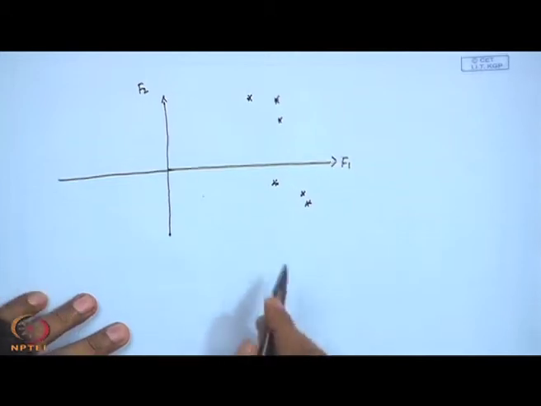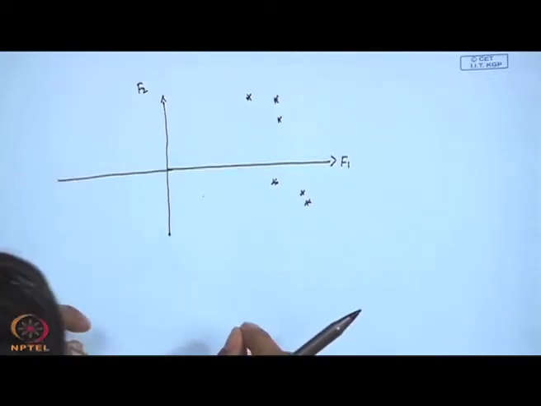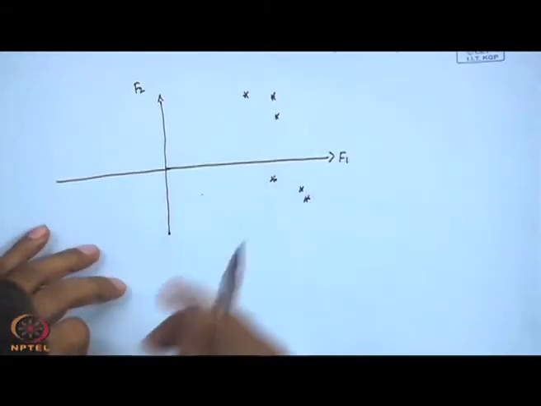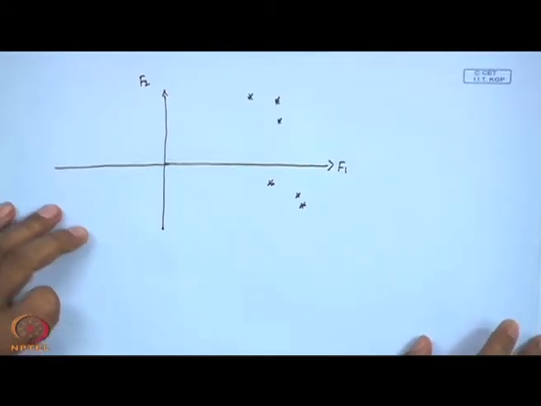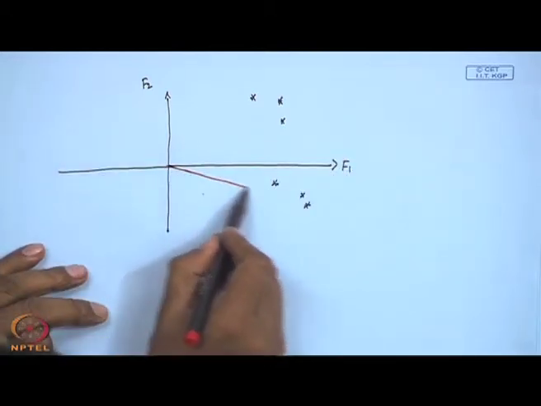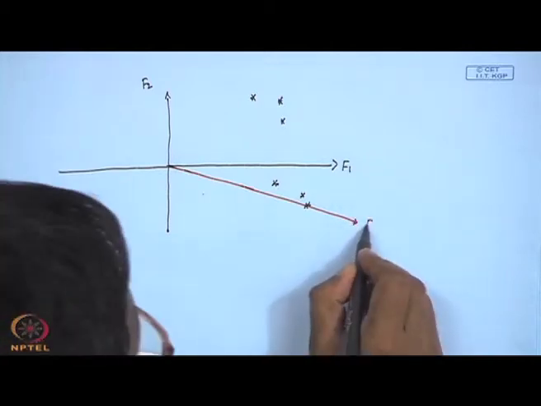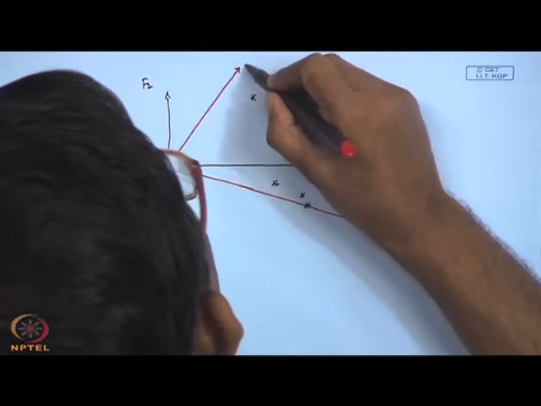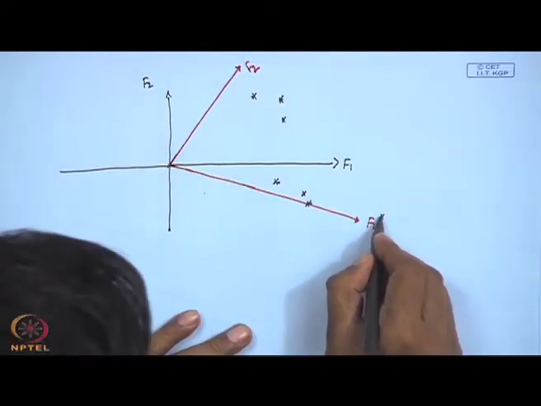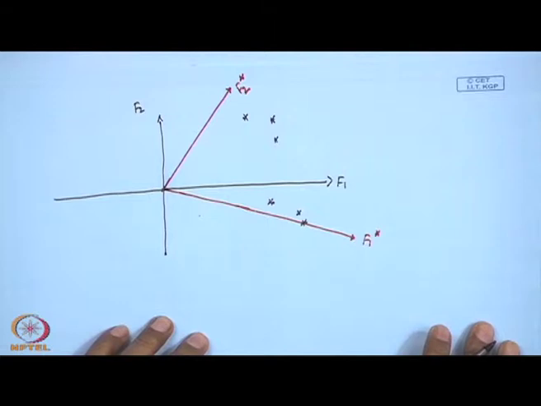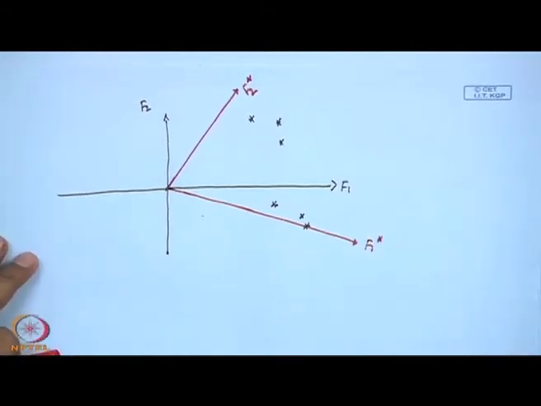Now, let us do some manipulation. We will go for rigid rotation first. Let us rotate both the axes like this. This is my new F1, and if I draw a perpendicular here, this is your new F2. I am calling them F1 star and F2 star.